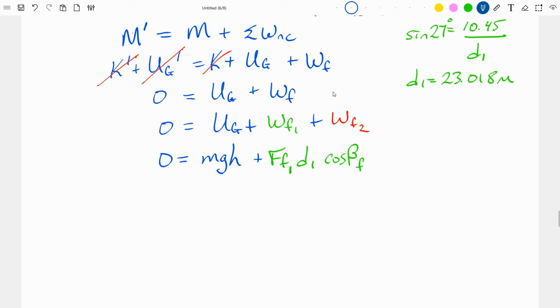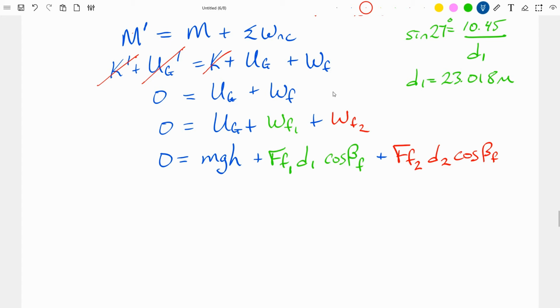So I won't even bother with a 1 on that one, but you could. Add part 2 work done by friction. So that's going to be the force of friction in part 2, the distance moved in part 2, which is what I'm after, don't forget, multiplied by the cos of beta in part 2 for friction, but it was 180 still.